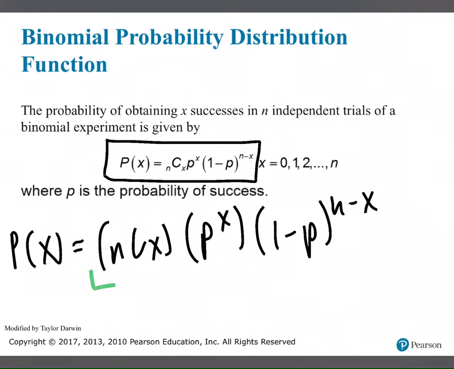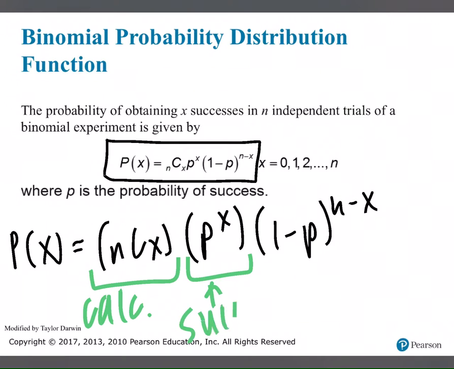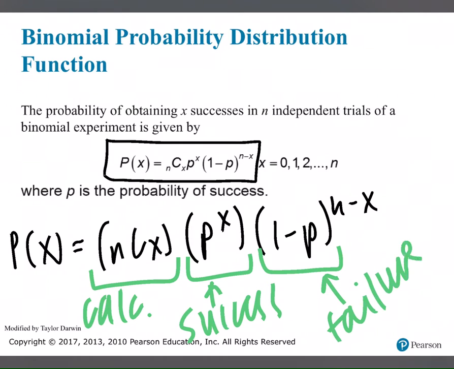Basically, you can use the formula that we learned in Chapter 5 to find nCx. That's the number of possible combinations that something can have. Or you can do it in your calculator. And then this is just the probability of success, and this one's just the probability of failure. So you're basically taking all things into consideration when you calculate binomial probability.